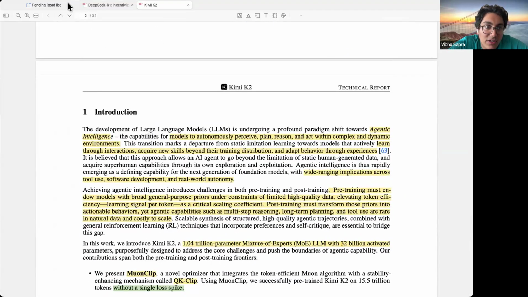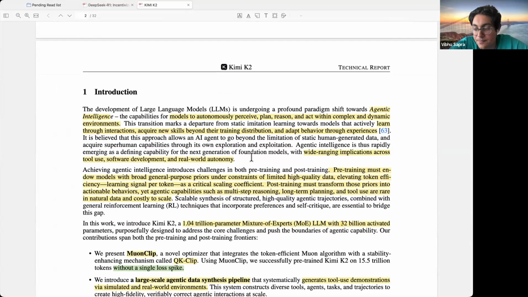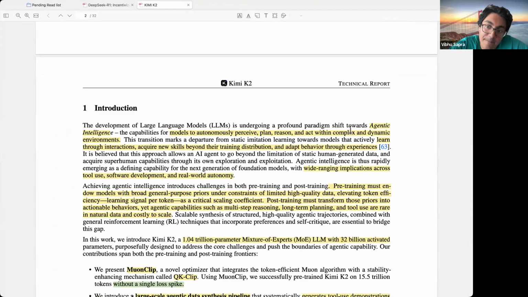Basically, in the introduction, they go a little broader and explain what these terms mean. They have this vision of agentic intelligence. Models are no longer static, they don't just do next token prediction. They need to be agents, so they need to evolve from a static understanding of what they know, and they need to be able to plan, reason, act in environments, use tools, and dynamically adapt to these environments.